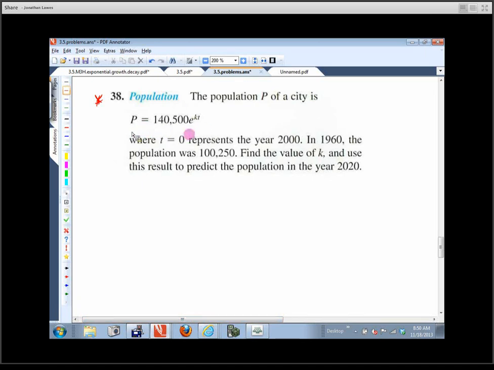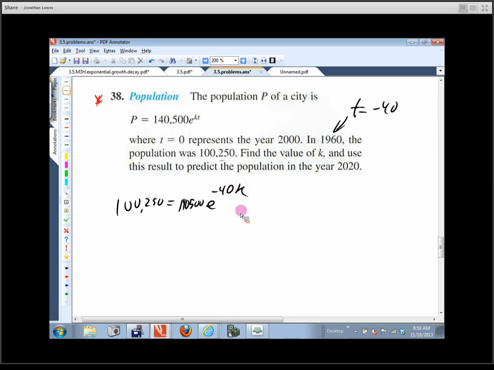Didn't give us the whole formula, but it does say that in 1960 the population was 100,250. Is there any difference between this problem and the one before? Just that this is going to represent a t of negative 40 years. Okay? So there was only 100,250 negative 40 years ago.